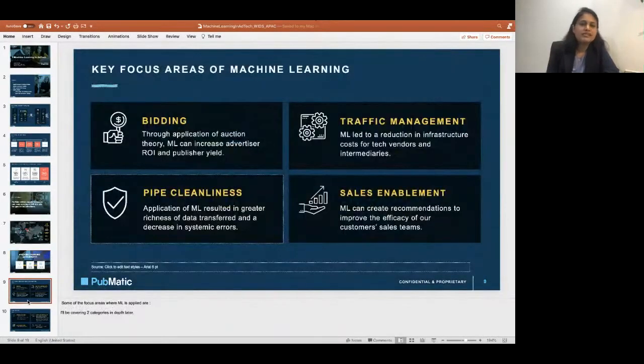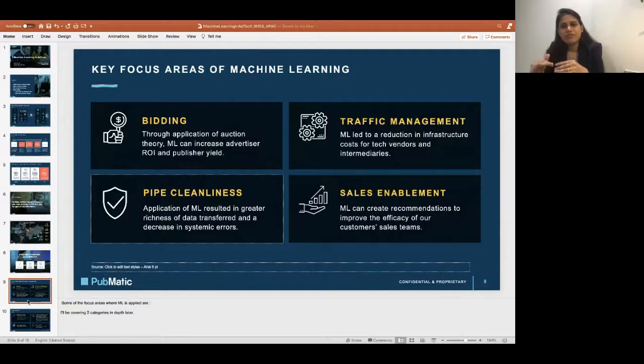Going ahead, let's look at some of the key focus areas of machine learning. There are four major areas, namely bidding, traffic management, pipe cleanliness, and sales enablement. In the bidding section, we will be looking at how we are applying machine learning and auction theory in order to increase the ROI for the advertiser and also the publisher yield.